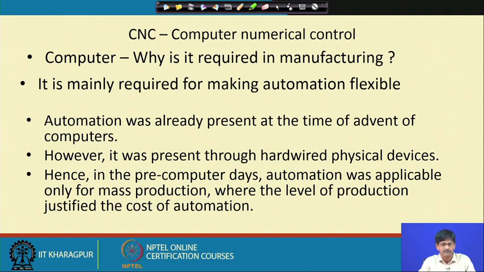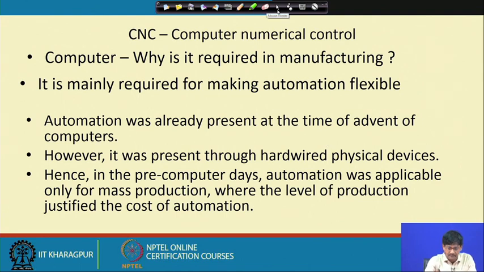It was restricted to mass production, but computers made it possible to implement such automation at lower levels of production. Lower levels of production mean where the number of goods produced of similar components is not very high. So, in the pre-computer days, automation was applicable only for mass production, where the level of production justified the cost of automation.